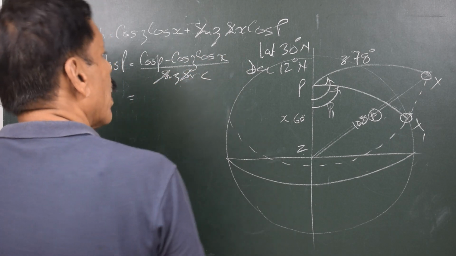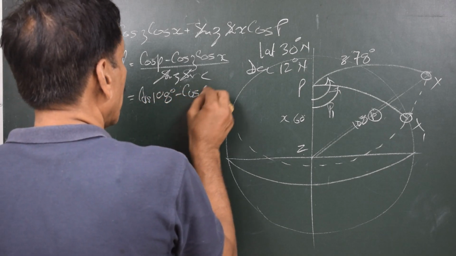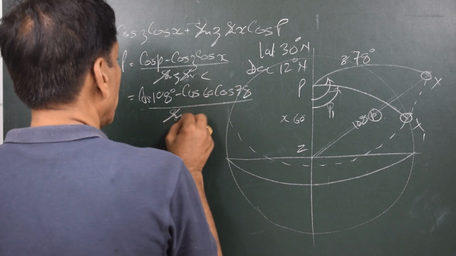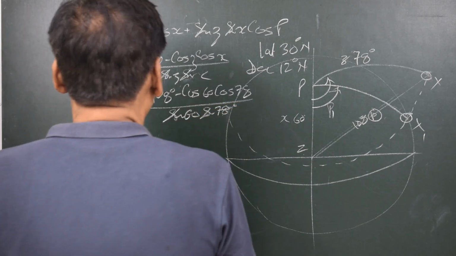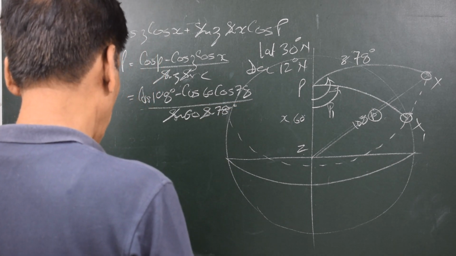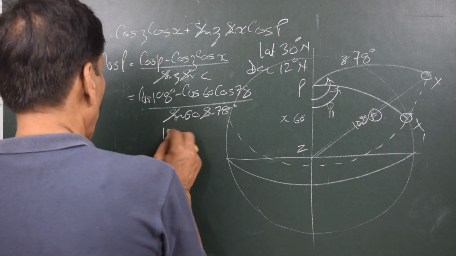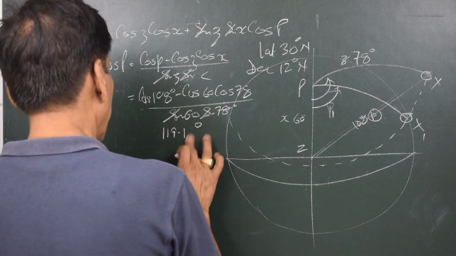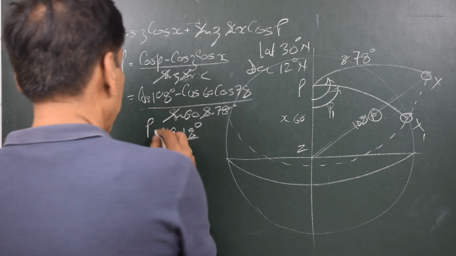So that is cos 108 degrees minus cos 60 cos 78, divided by sin 60 sin 78 degrees. So that gives me 119.17 degrees, or we can take it as 119.18 degrees. This is the angle P.